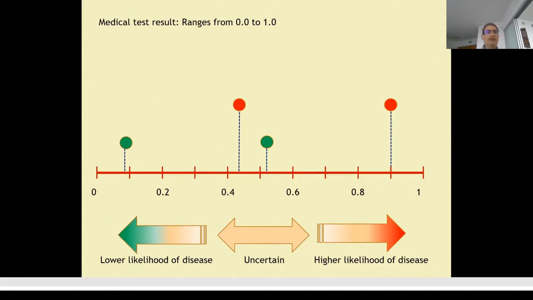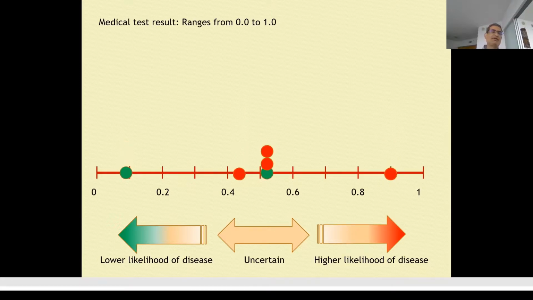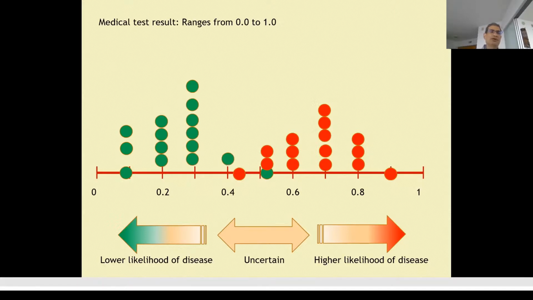But we don't have only 2 or 4 people, right? If you look at everyone who had the disease, we can start putting them down. The distribution can be laid out. And you can see that all these red dots are those who had the disease. And these are all people whose results came out as not having the disease.